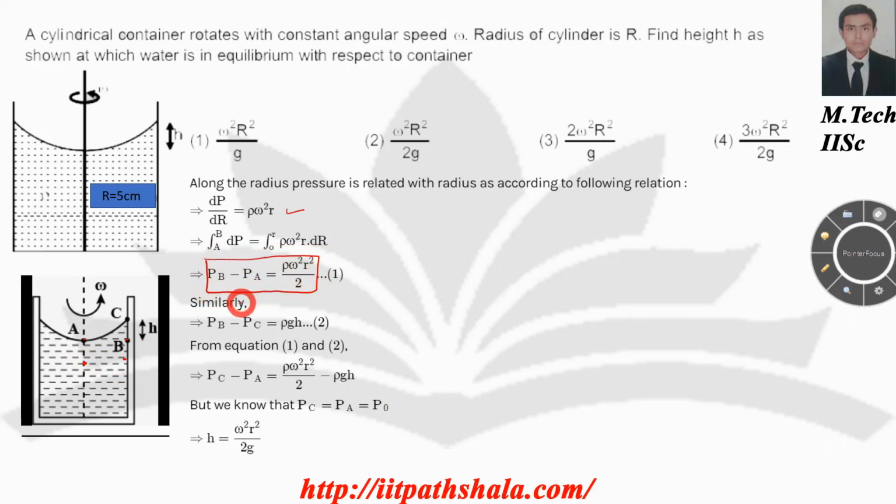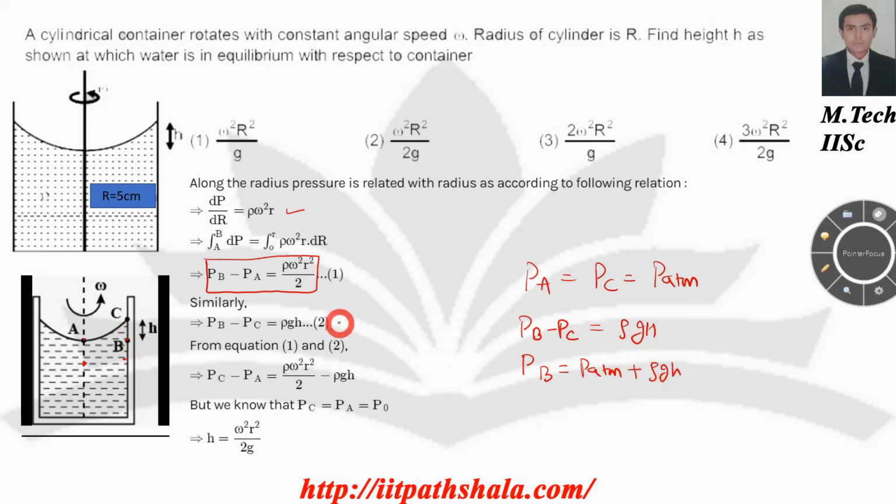Now the matter of fact is pressure at A will be equal to pressure at C, which is nothing but the atmospheric pressure. But I know that there is a height difference between C and B, so I can write PB minus PC equal to rho g h, which means that pressure at B is nothing but the atmospheric pressure plus the pressure head due to the water column over here, of height h.